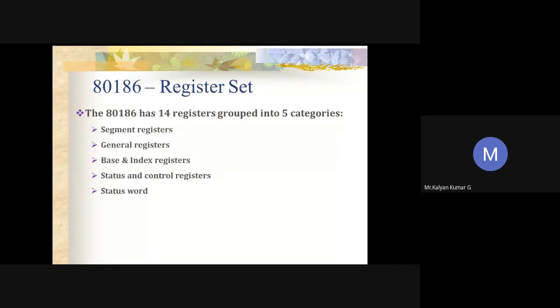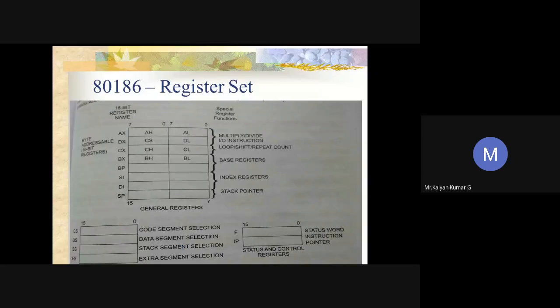It is almost similar to the 8086. The architecture and addressing modes of the 80186 are almost similar to the 8086. So if you are thorough with the 8086, you can easily understand the architecture of the 80186. Nothing much difference.